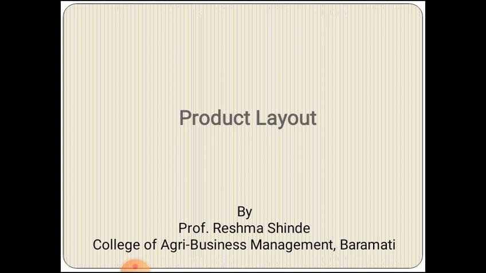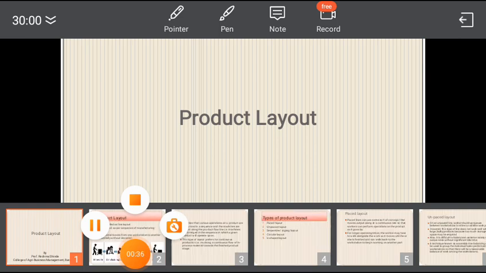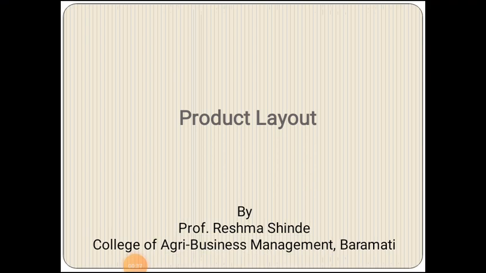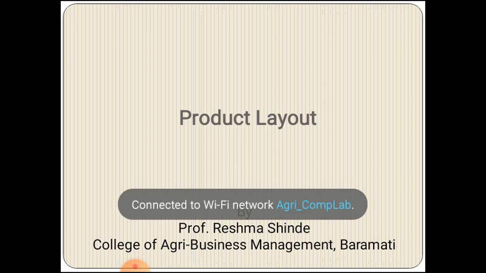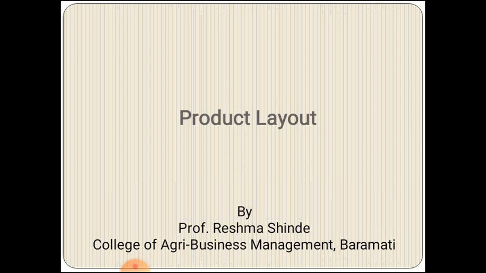Process layout means a layout in which whatever machinery is required for production and manufacturing is arranged in a department. One specific department will have all the required machineries, and whatever processes come under that department are completed within the same department.